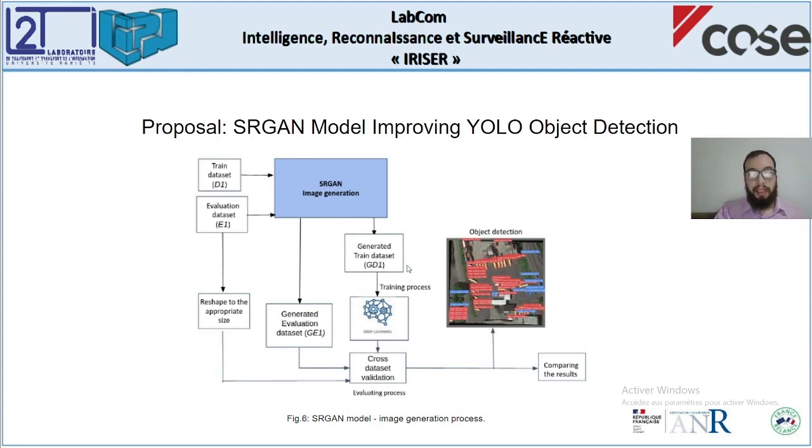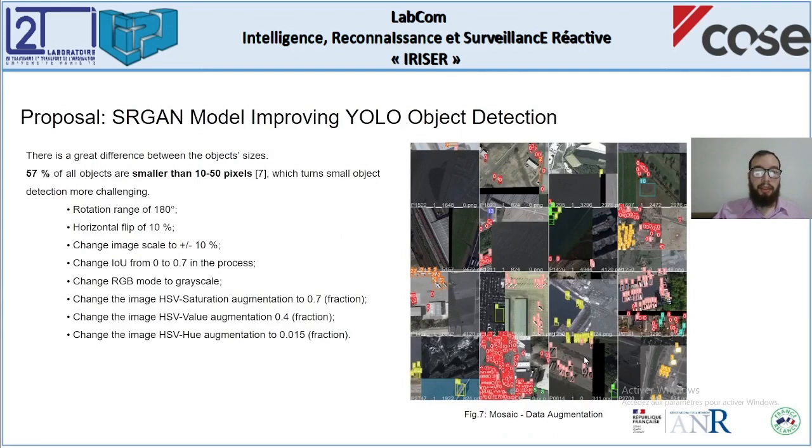With this new generated training dataset, we trained all the models, and then we did the cross validation between the generated evaluation dataset and the original evaluation dataset, and then we compared the results.